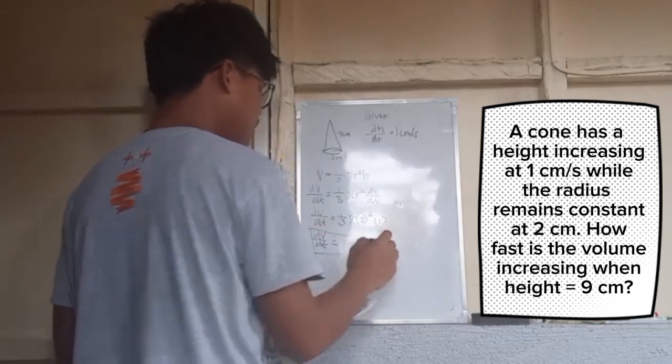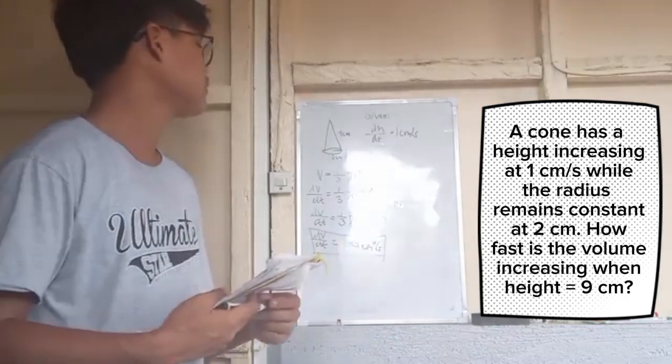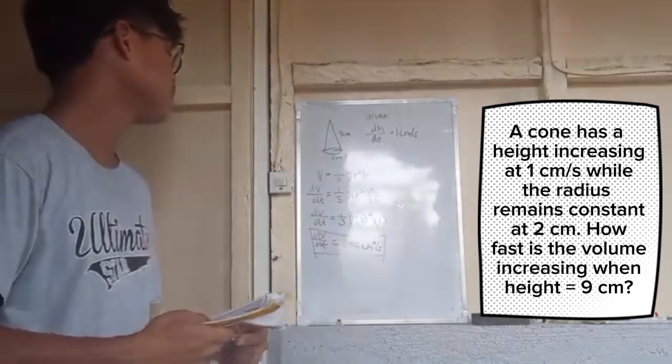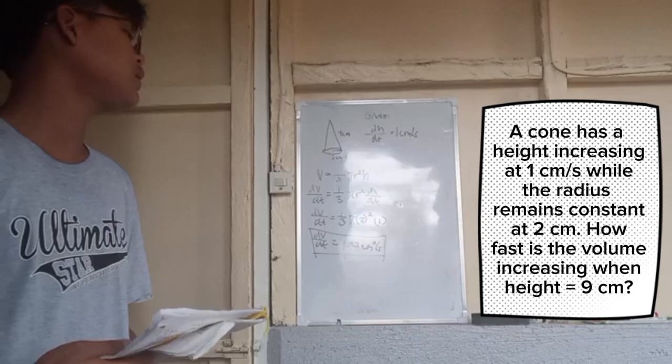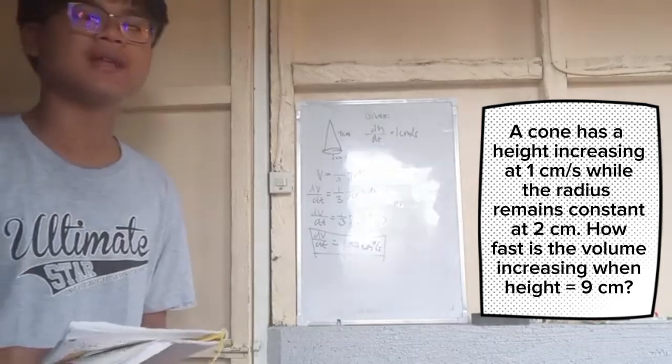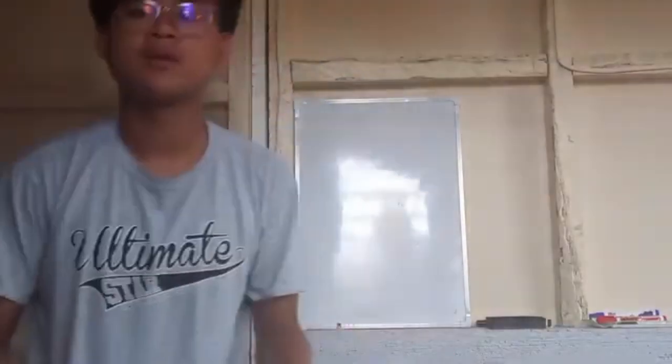So now we have the final value of the rate of the cone having a rate of 1.33 centimeter cube per second. So we'll proceed to the next problem.